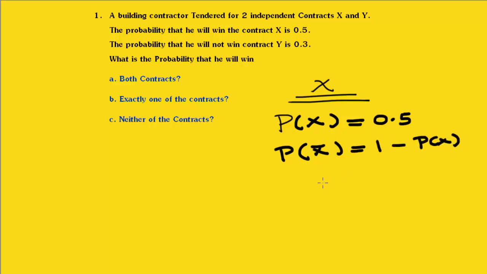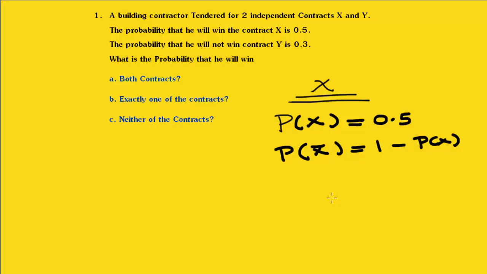This is a basic probability fact: if the probability of an event occurring is A, the probability of that event not occurring is 1 minus A. That's just an easy way to understand it.